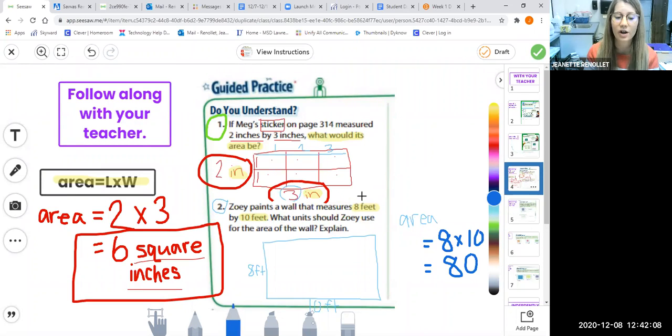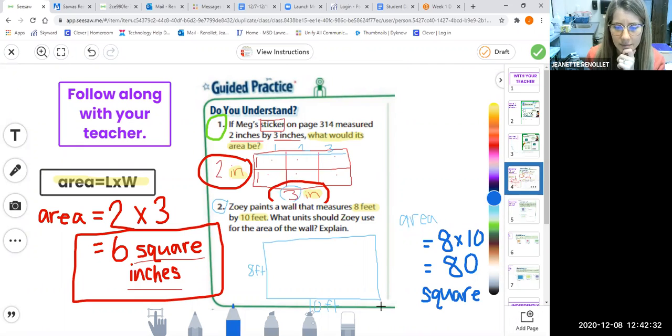We know we can solve by saying 8 times 10. We get an area of 80. But if I just write 80, that's not correct. I have to write 80 square. And what are my units? What were we measuring by in this example?